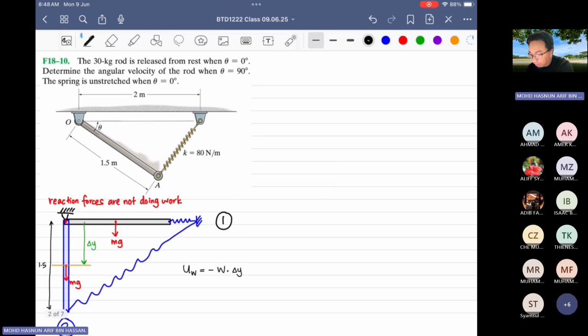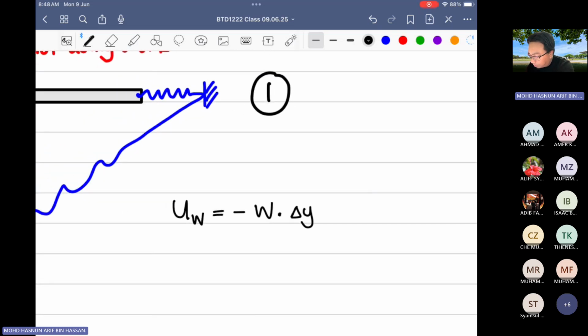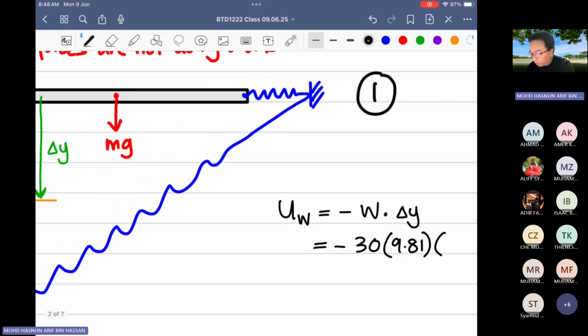The mass of the rod is 30 kg, so UW is minus 30 kg times 9.81 multiplied by 0.75.